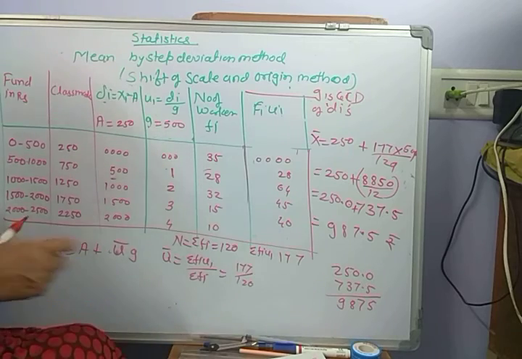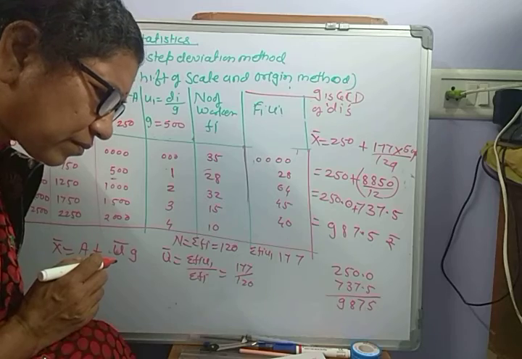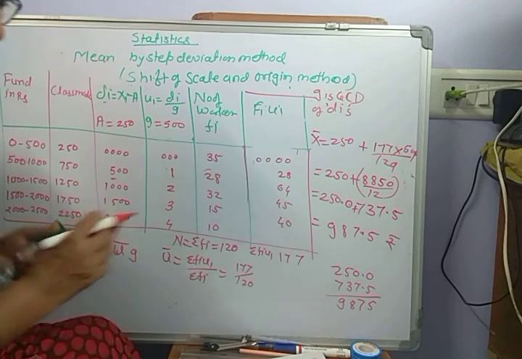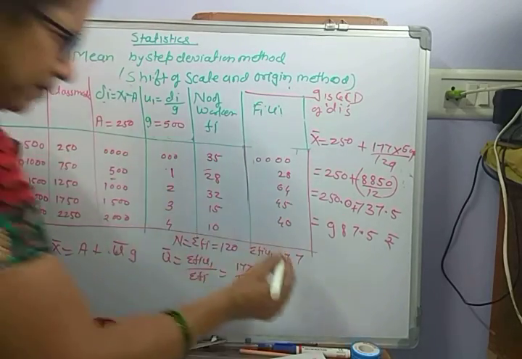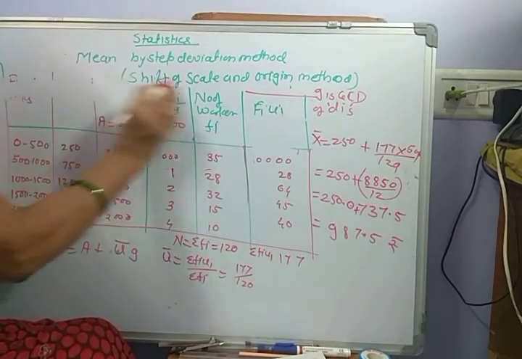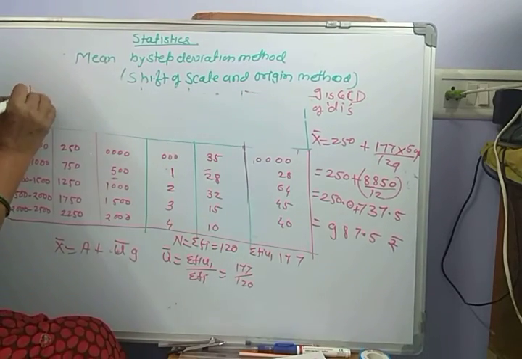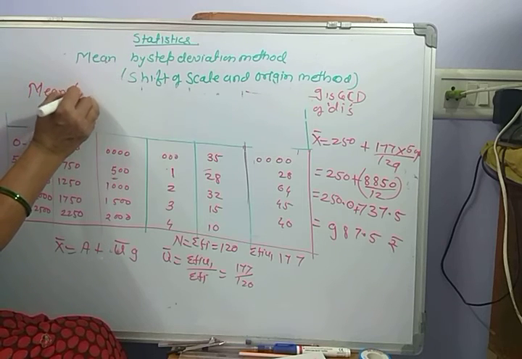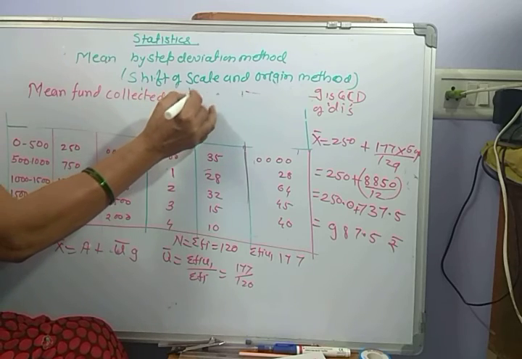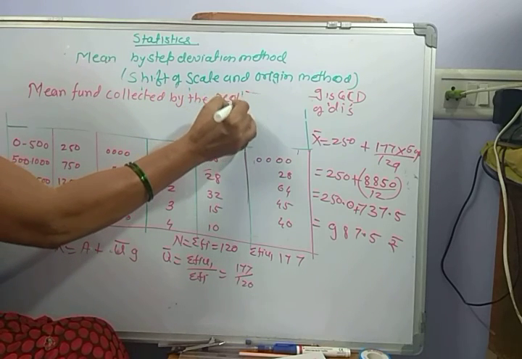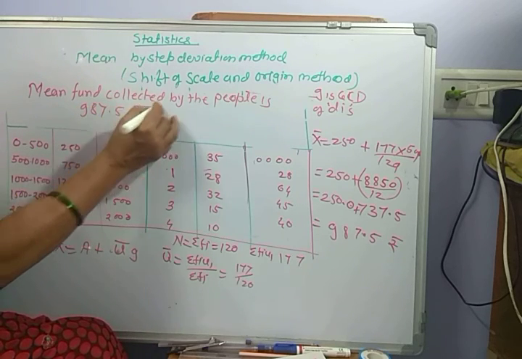Okay. So the mean fund collected by the people is 987.5 rupees.